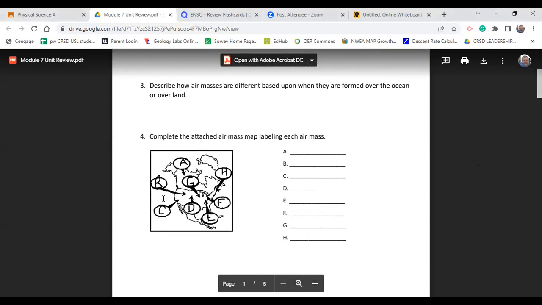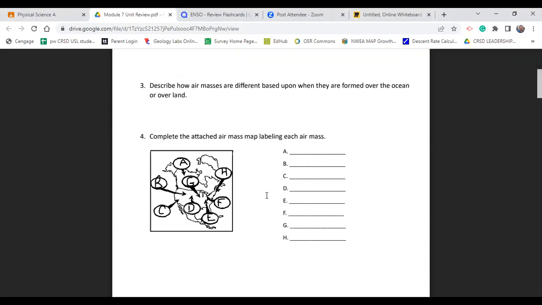So here, remember we did these? You just have to tell me what they are. Based on temperature, what are the three air masses called? One is polar, another is arctic, and the last one, right along the equator, is tropical. Then they're also named by whether they formed over the ocean, which is maritime, or over land, which is continental.